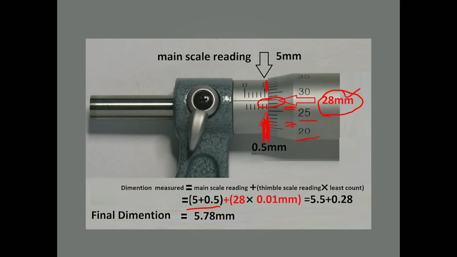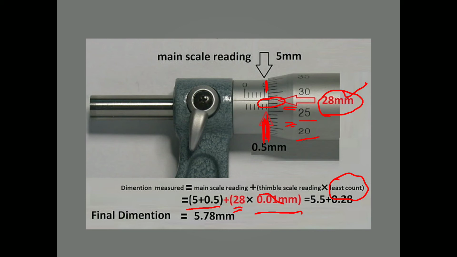This 28 we add because after the 0.5, 28 divisions have passed by the thimble or the spindle, so we have to take into account 28 into 0.01 mm, that is the least count of a micrometer screw gauge. Earlier we have calculated the least count.